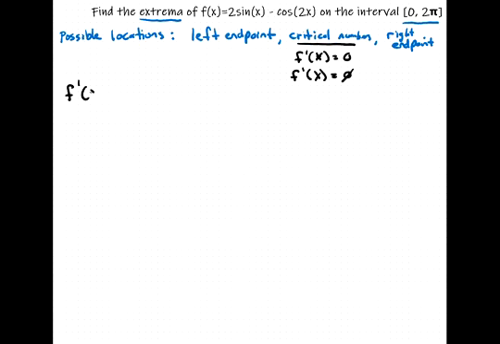So f prime of x is equal to, so we're taking the derivative of 2 sine of x minus cosine of 2x. So we have two terms. The derivative of 2 sine of x is 2 cosine of x, and then minus, let's separate this so it doesn't blend in with our work.